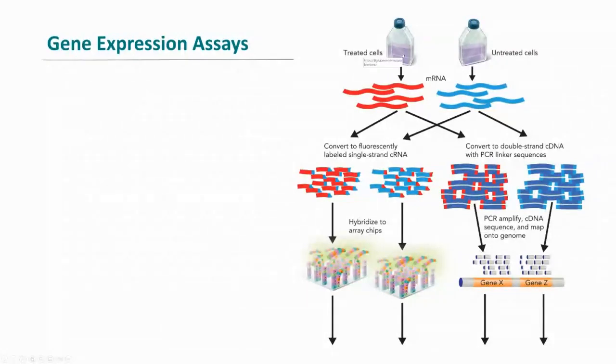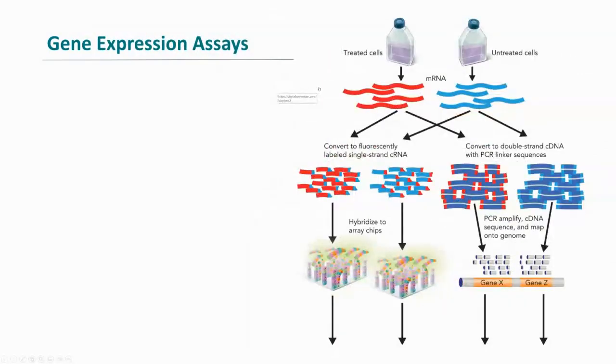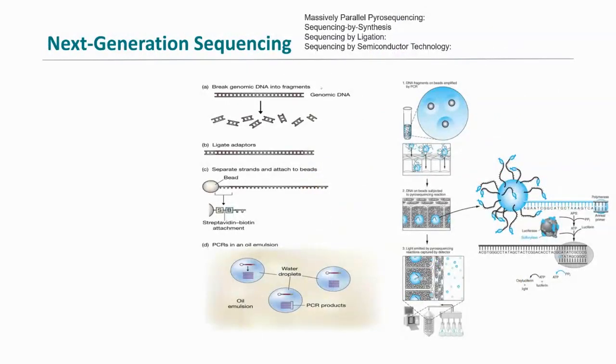So here I show you the treated cell and untreated cell, you collect the messenger RNA. And from the intensity of the fluorescence, then you'll be able to determine the amount of transcript for a particular sequence.